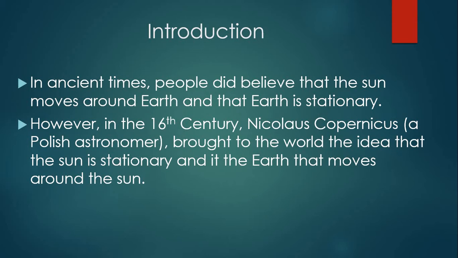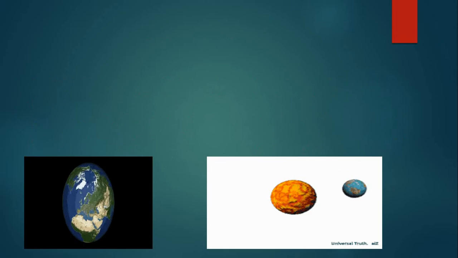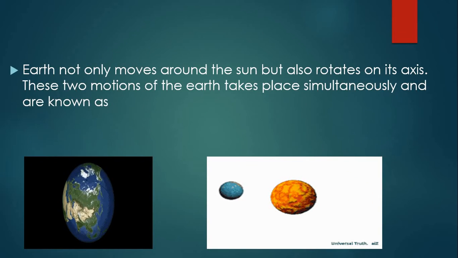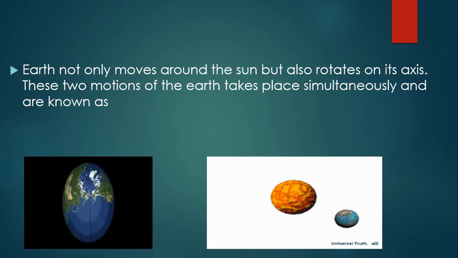However, in the 16th century, Nicolaus Copernicus, a Polish astronomer, brought to the world the idea that the sun is stationary and it's the earth that moves around the sun. The earth not only moves around the sun but also rotates on its axis.